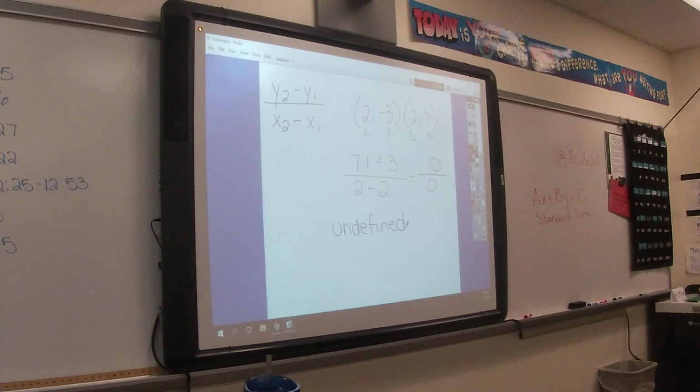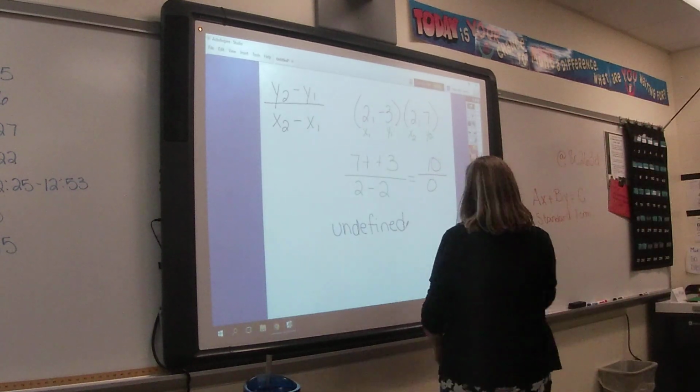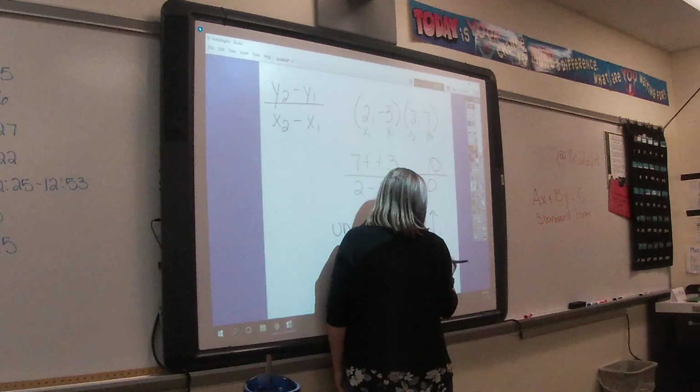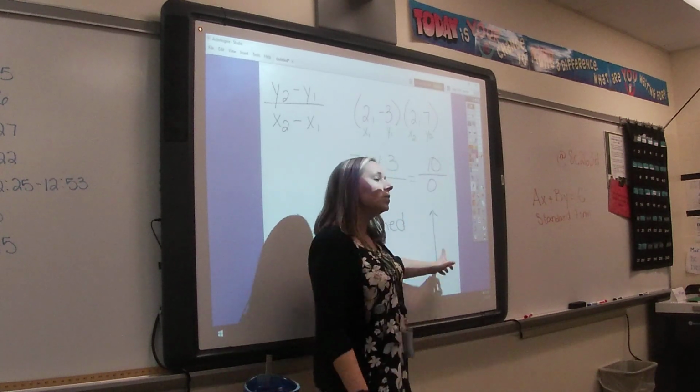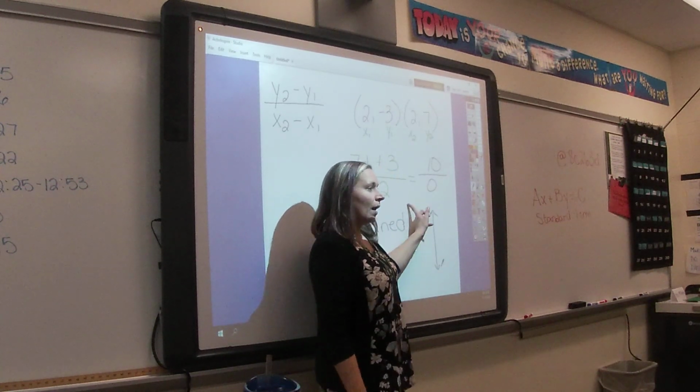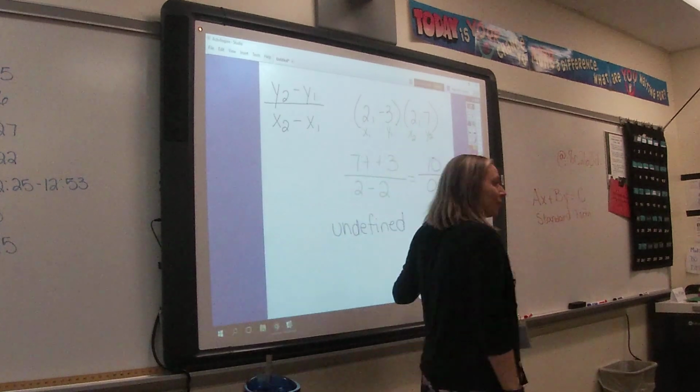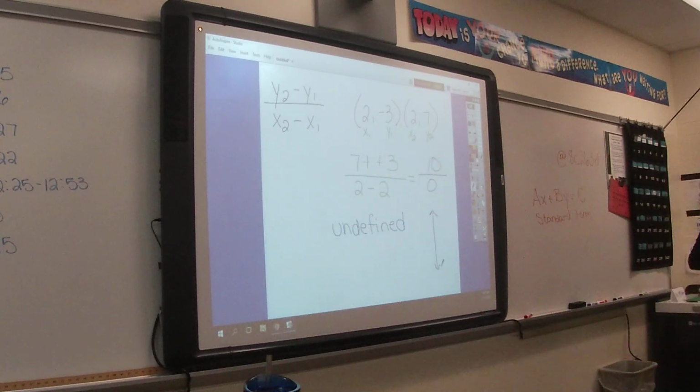But undefined slope is a vertical line. How's that going to go for me? I am going off the cliff. Death. You can't ski on it, it's not possible, it is undefined.